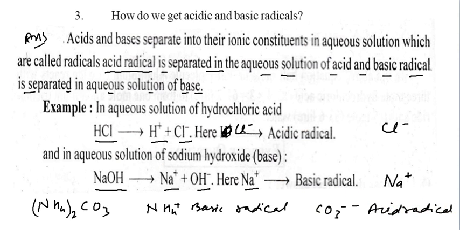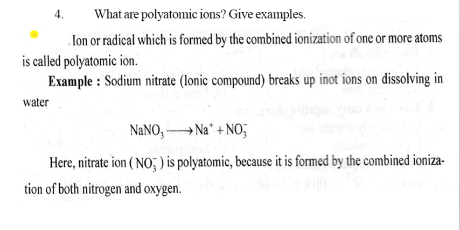So let us see question number 4. What are polyatomic ions? Give examples. So you can write the answer. An ion or radical which is formed by the combined ionization of one or more atoms is called a polyatomic ion. Example, sodium nitrate. Ionic compound breaks up into ions on dissolving in water.